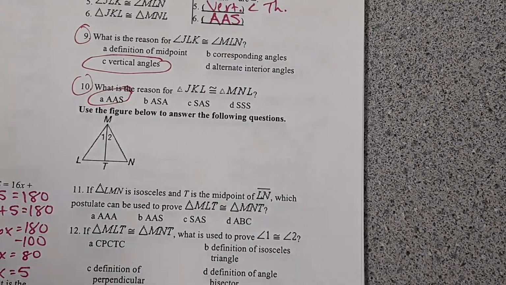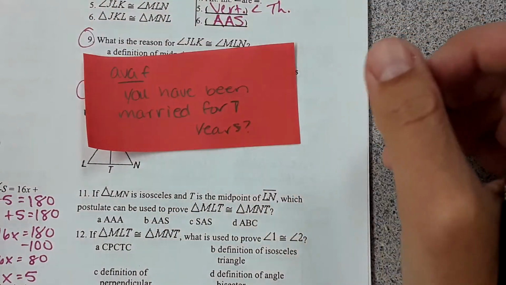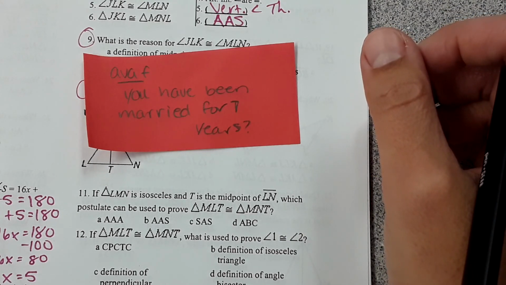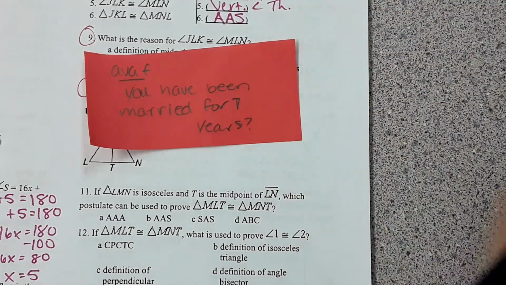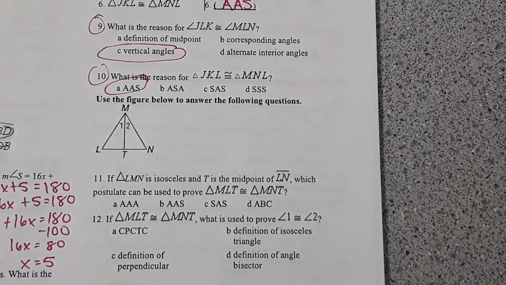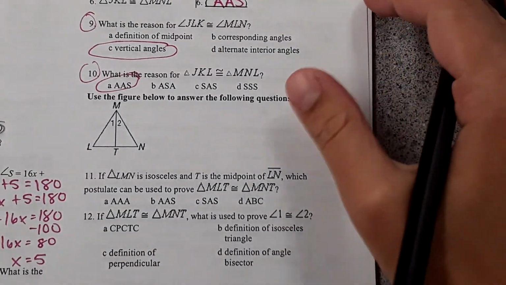Next assumption. You have been married for 7 years. I don't know how many years it's been. Like 8, maybe. So that's actually pretty accurate. 7 or 8 years. Oh, someone got accurate. Now somebody's doing some math there. Okay.